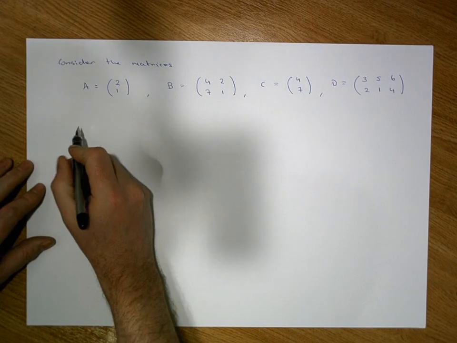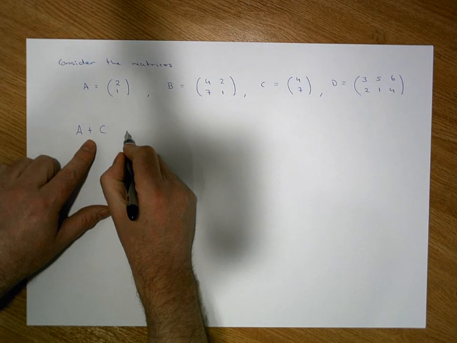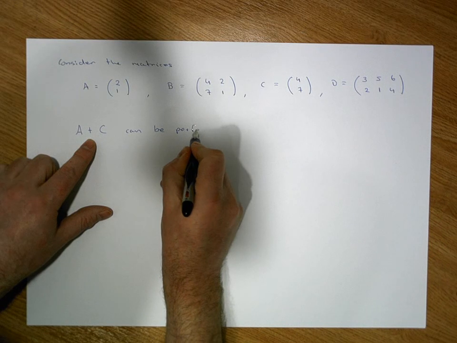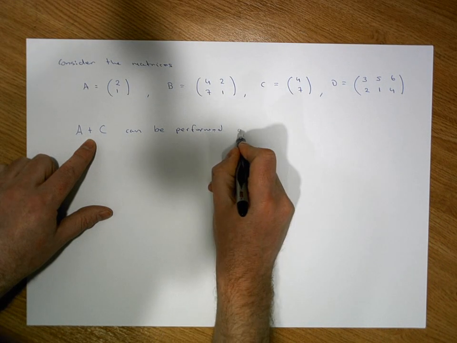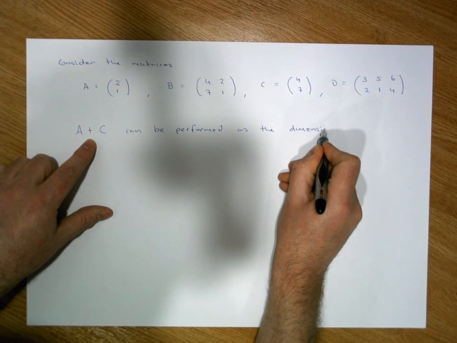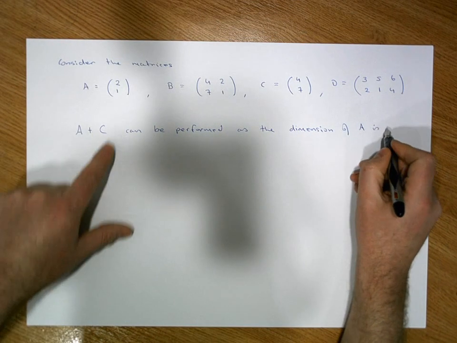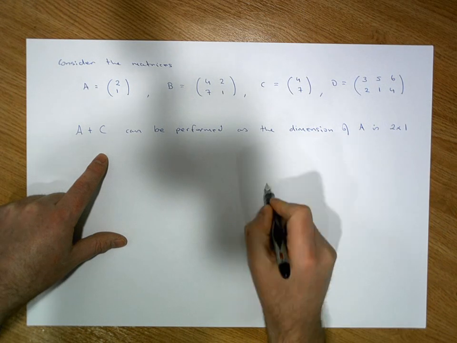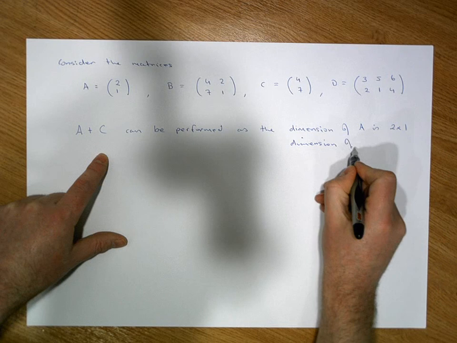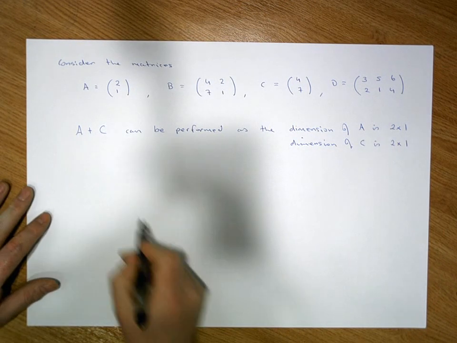A plus C can be performed, as the dimension of A is 2 by 1, and the dimension of C is also 2 by 1. So that could be done.